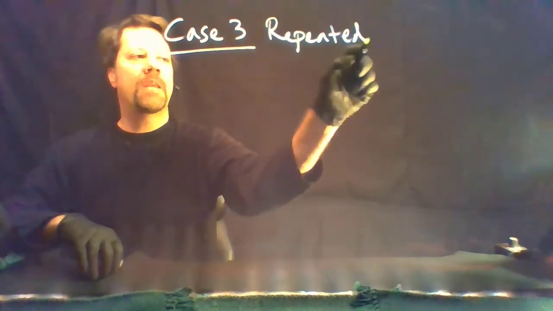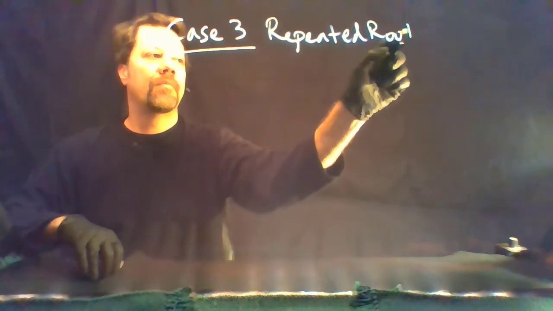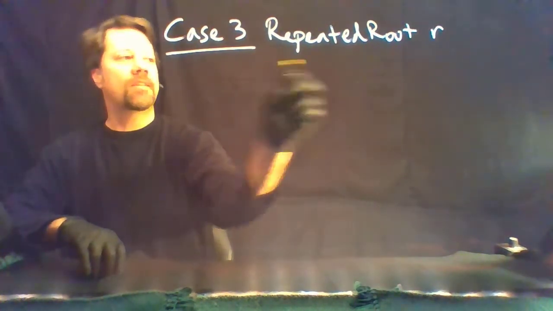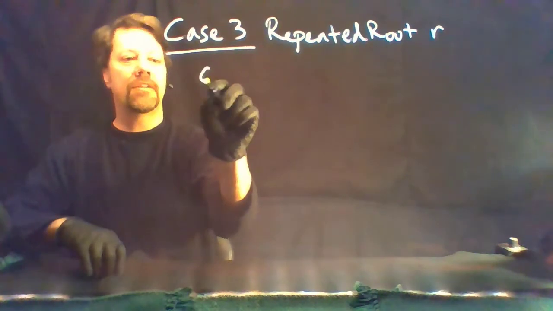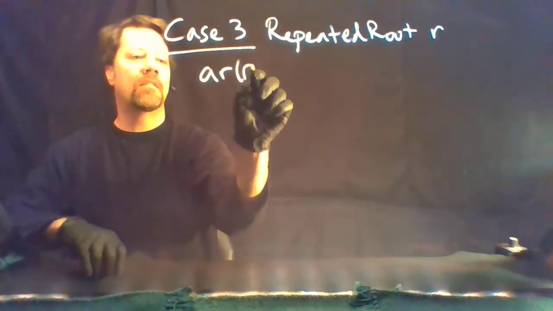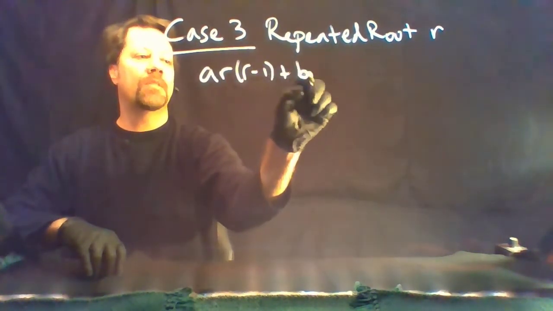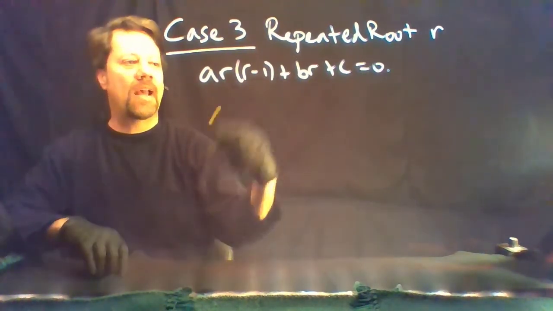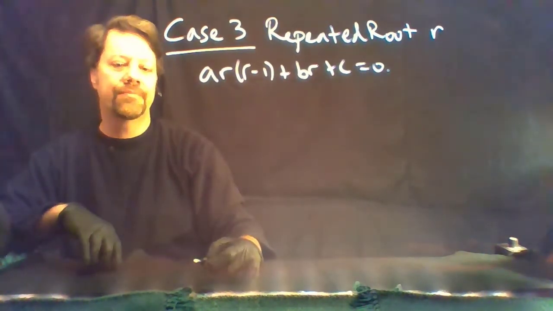To consider the third case, here we have a repeated root, r, in which case r does solve the characteristic equation a r times r minus 1 plus b r plus c equals 0, but it does so as a repeated root.